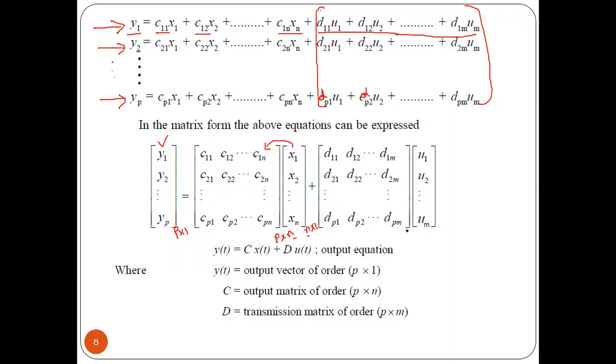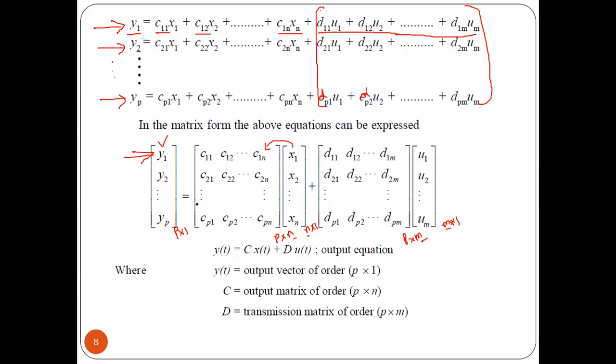This is a matrix of size P by M, and we have M number of input variables. Therefore, the matrix multiplication condition is satisfied again, and we get a resultant matrix of size P by 1. So the P by 1 matrix and the P by 1 matrix are added, and the result is nothing but the output matrix.